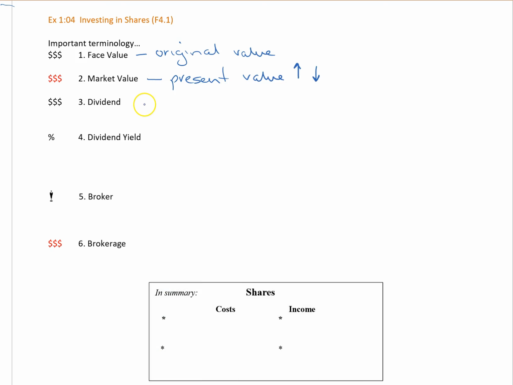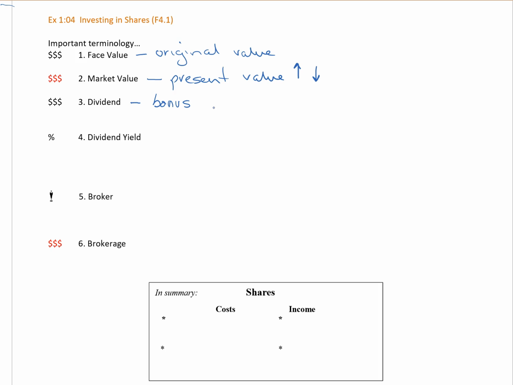A dividend is like a bonus actually given to those people who invest in the company, who buy shares in the company. Now, dividends are when the business is doing, the company is doing really, really well, and it looks at its overall profit, then it decides to give some of that profit to its shareholders.